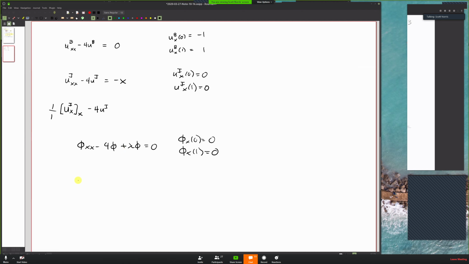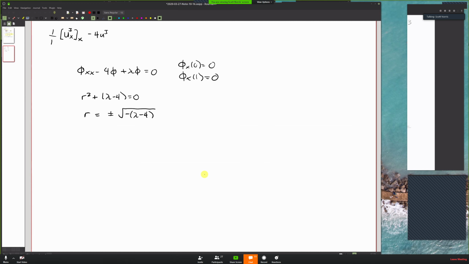And you should be able to explore, you get r squared plus lambda minus 4 equals 0. r equals plus or minus the square root of negative lambda minus 4. Okay, and so in principle, there are 3 cases, right? What are those 3 cases? Greater than 4, less than 4, equals 4.